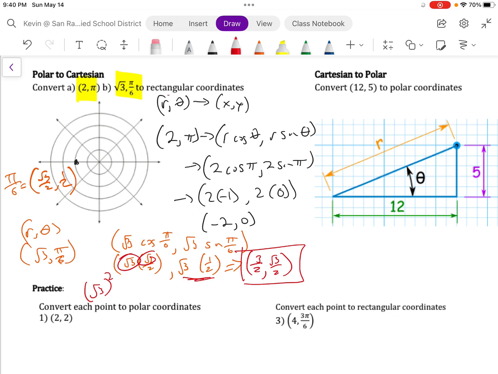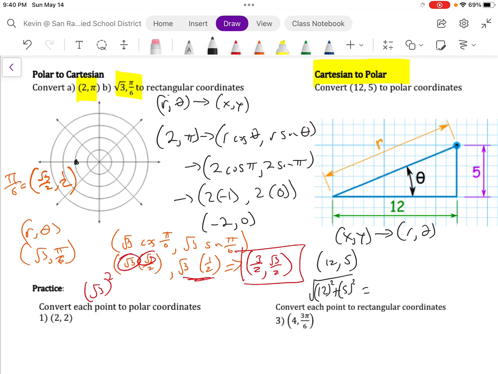Let's quickly look at, I think, the last thing we're going to do here, converting from Cartesian to polar. So I'm going to go from xy to r theta. My x is 12, my y is 5, and to get r, we have to do the distance formula, so it's going to be 12 squared plus 5 squared.